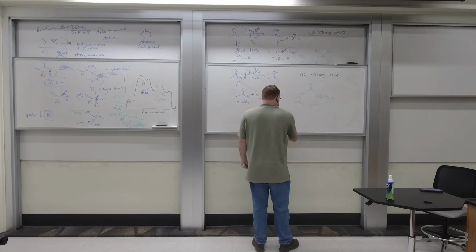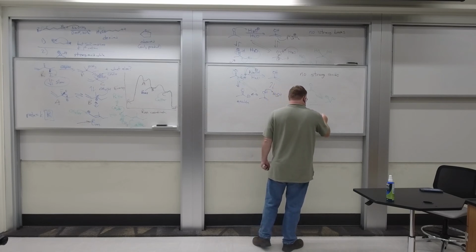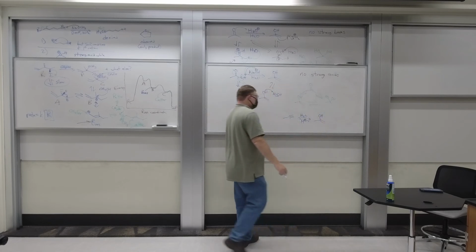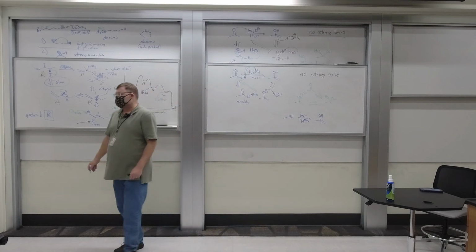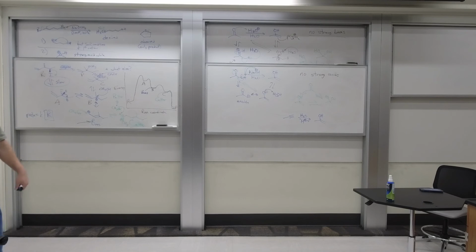All right, so if I add water to an alkyne, do a Markovnikov addition, I get the enol that we've been talking about.